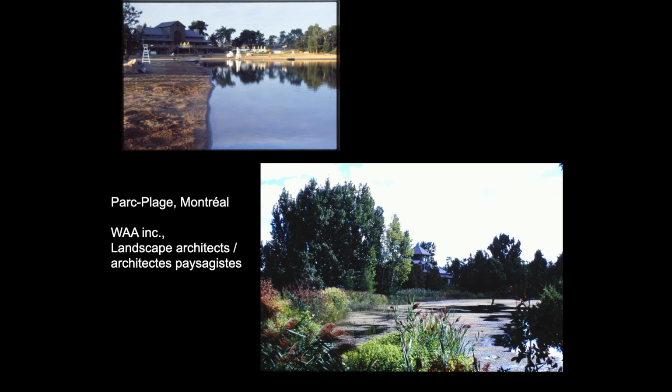And in Montreal, the 1991 Beach Park, located on the Expo Island Park in the St. Lawrence River, employed a system of filter lakes to recycle and clean the water through the use of aquatic plants. Botanists from the Montreal Botanic Garden provided close collaboration to make the project a success.